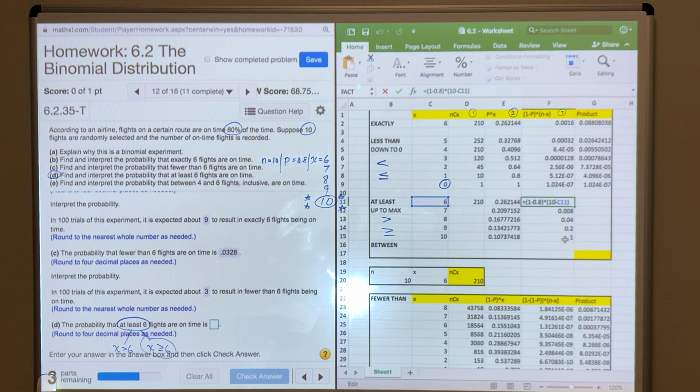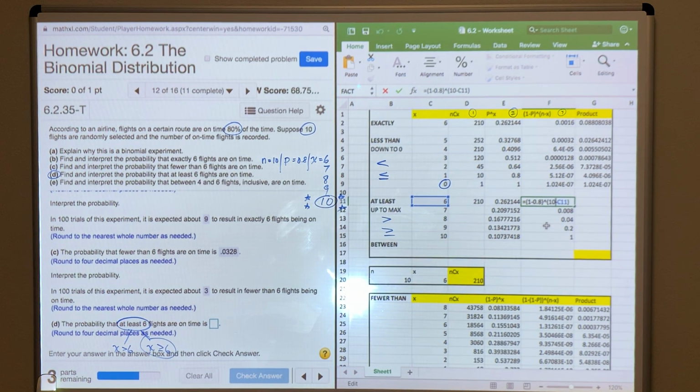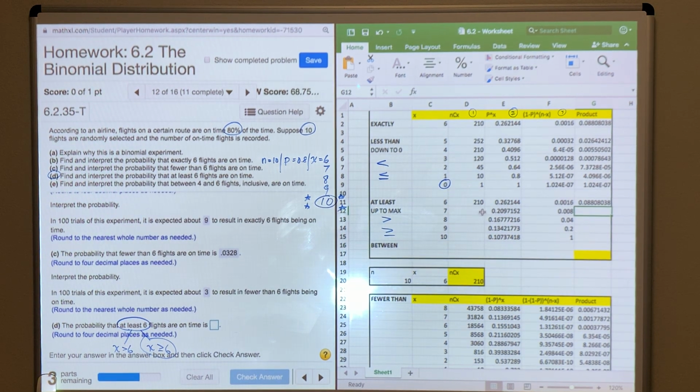What's my 1 minus p? 1 minus the probability, which is 0.8, so 0.8 to the power of 10 minus 6. There it is. And so now I need to multiply my nCx, my p to the x, and my 1 minus p to the n minus x, and there's my first probability. And now all I gotta do is do the same thing for all the others.